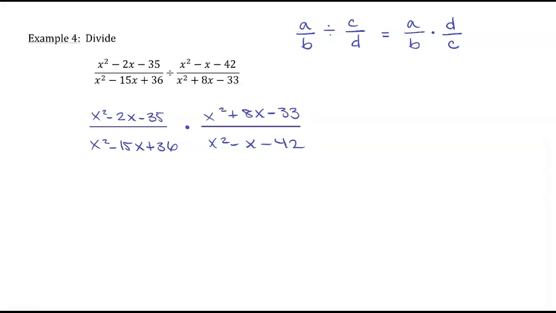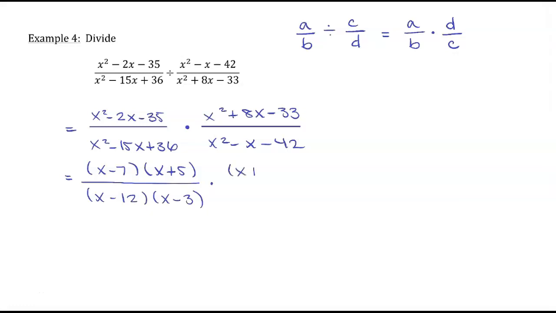We begin by factoring. X squared minus 2x minus 35 can be factored as x minus 7 times x plus 5. X squared minus 15x plus 36 can be factored as x minus 12 times x minus 3. X squared plus 8x minus 33 can be factored as x plus 11 times x minus 3.